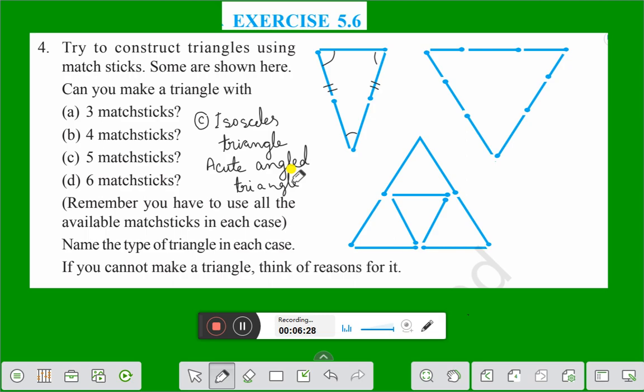That means for question number C, we can make a triangle with 5 matchsticks, and it will be an isosceles triangle and acute angled triangle. According to side, it is isosceles triangle, and according to angle, it is acute angled triangle.